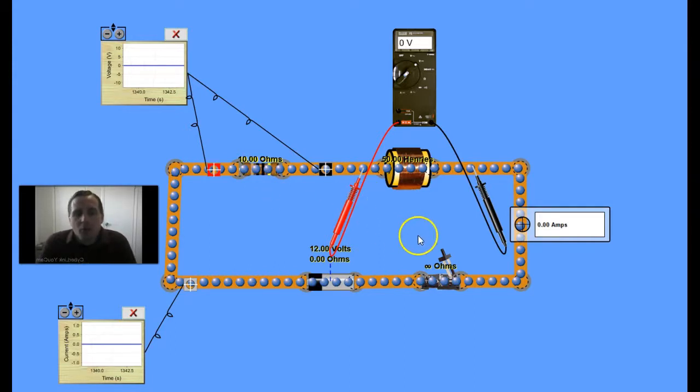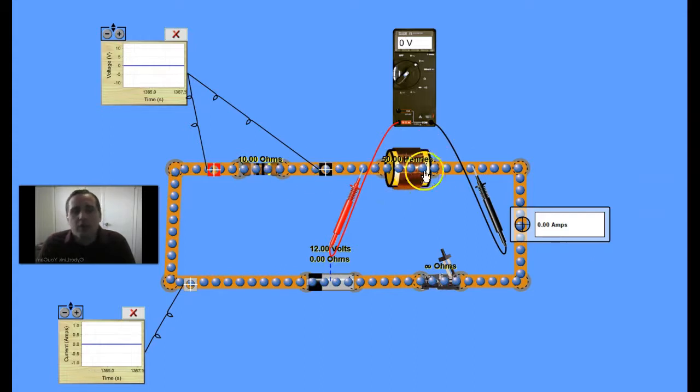Notice that when we first close the switch, there's a huge change in voltage in the circuit, and the inductor pushes back against the electrons very hard, because when we have a changing electric field, that is a changing current in time, the inductor pushes back with a large change in its magnetic field.